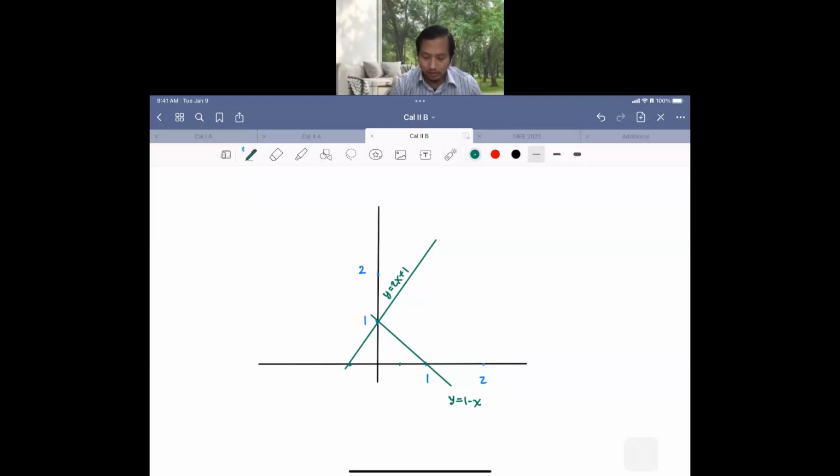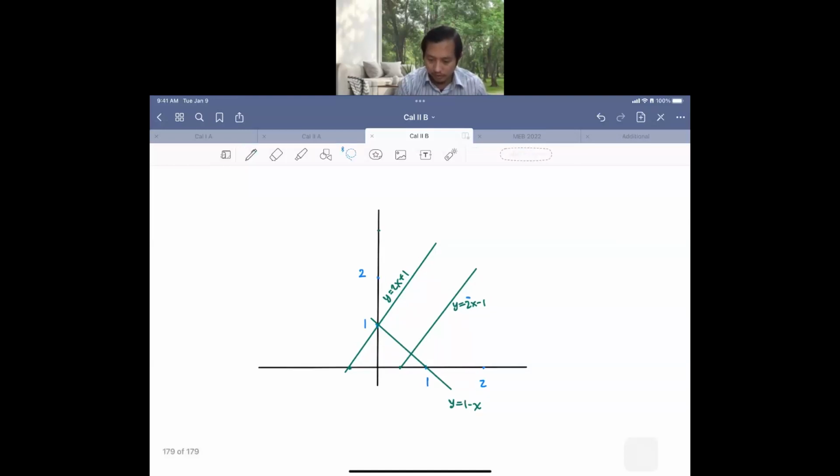And from here to here is another 2x minus 1. And 3 is probably here.